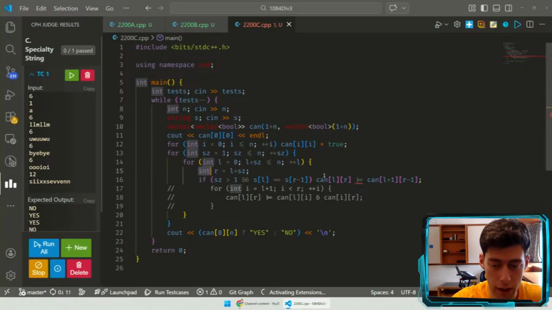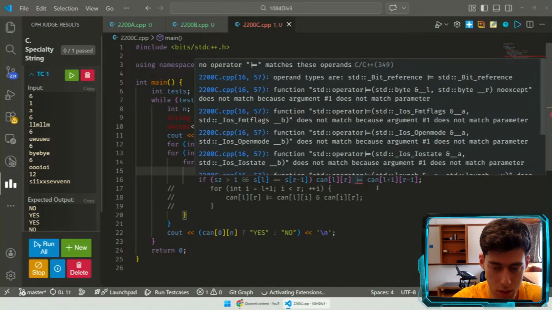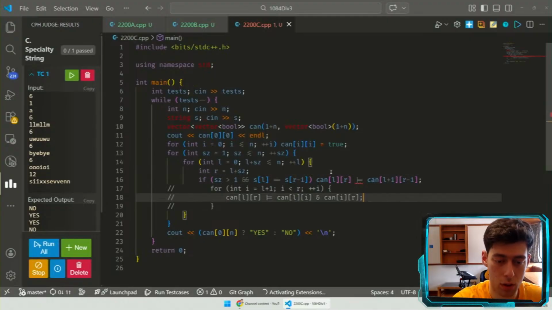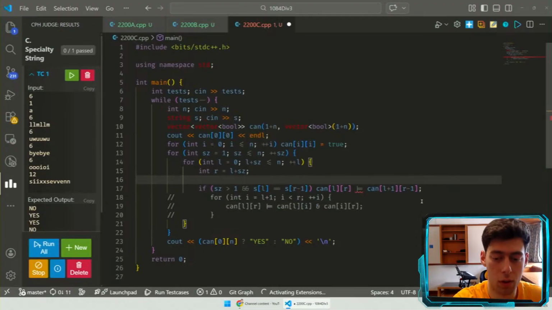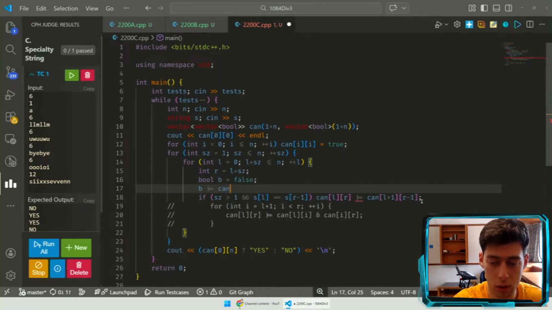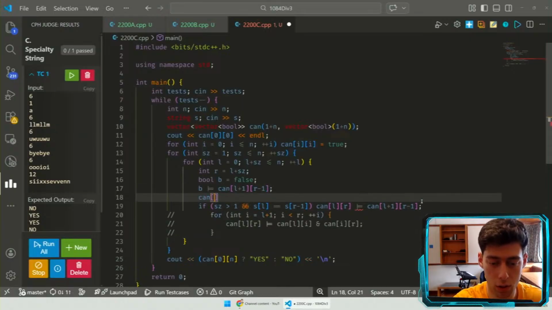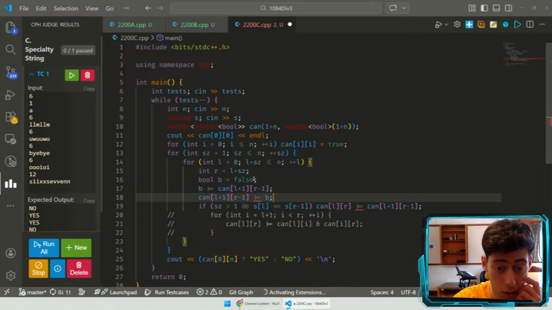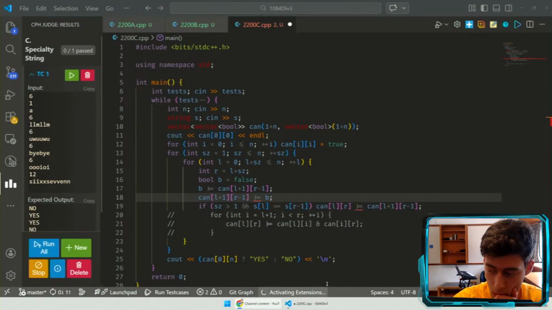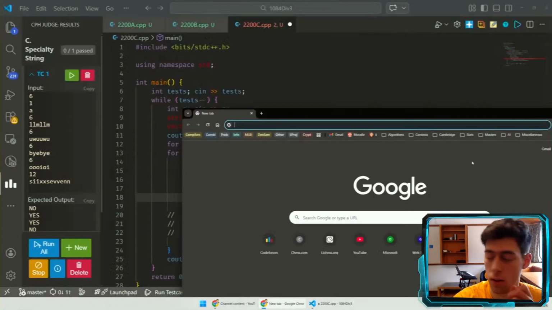L and R are integers. This is fine. This is not fine. I'm actually intrigued.